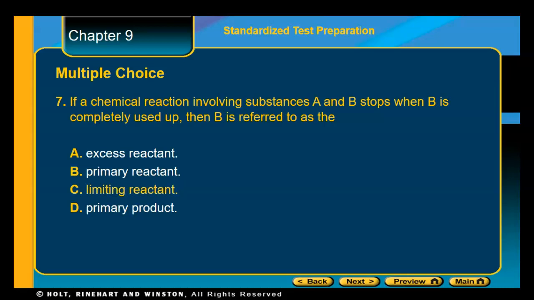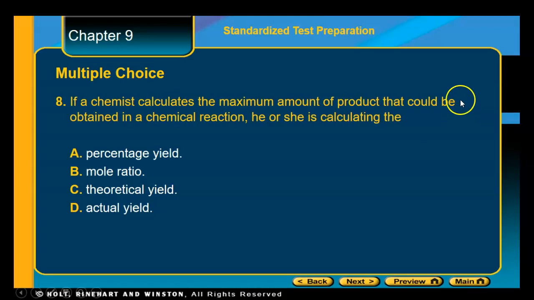Because B is used up, so it would be our limiting reactant. How about this one? What's the maximum amount of product that could be obtained? Is that your percentage yield, mole ratio, theoretical yield, or actual yield? Yeah, it is C, theoretical, because actual is what we get when we do the lab.